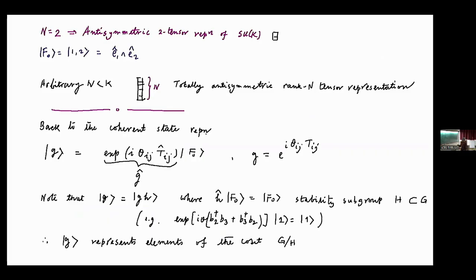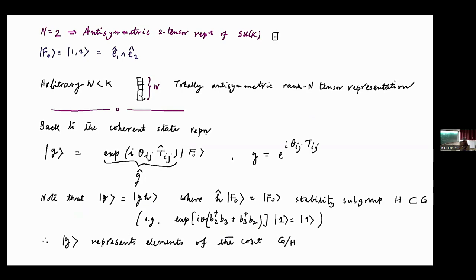So one property of this coherent state is that the state G is the same as state GH, because there are elements which will leave this initial state invariant.